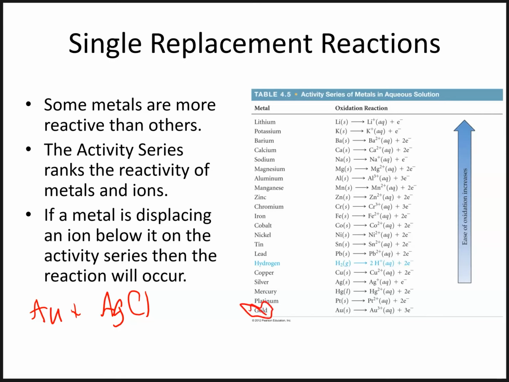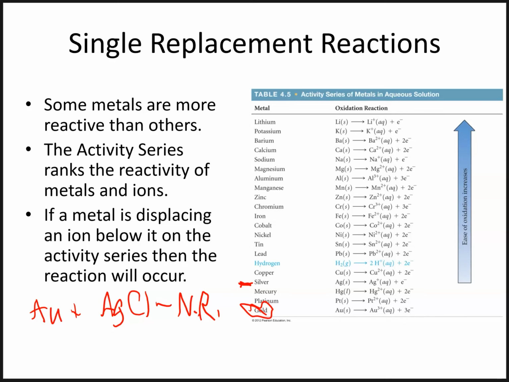Because it's at the bottom of the activity series, it's not going to react with anything. Silver is above it. So if the ion falls above the metal, no reaction will occur. So we would just write no reaction, or NR. That's how we can use the activity series to determine whether or not a single replacement reaction will occur.